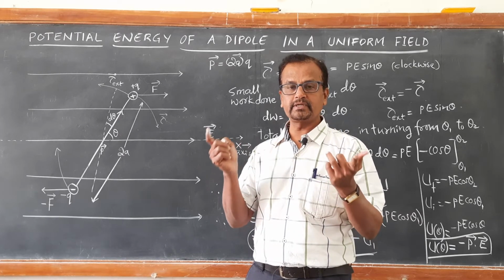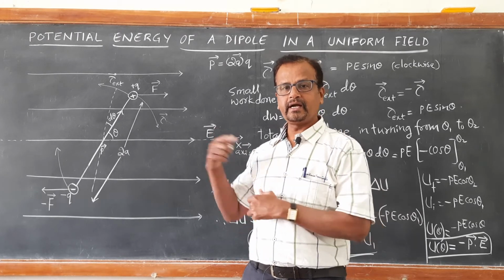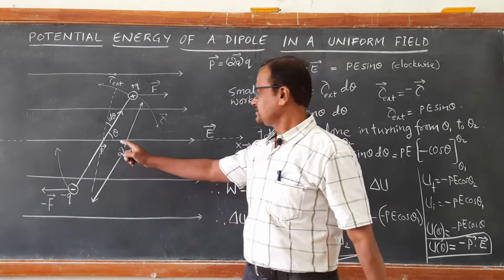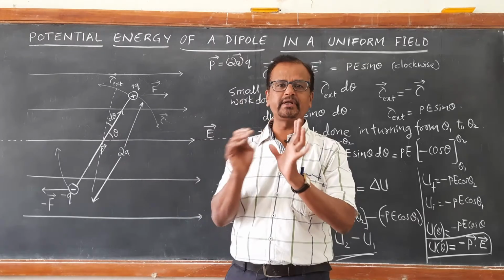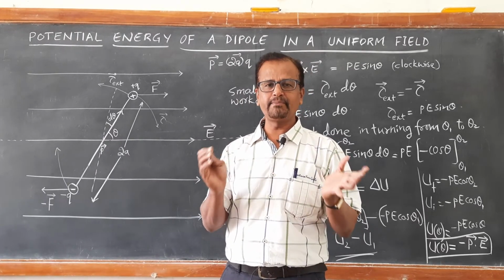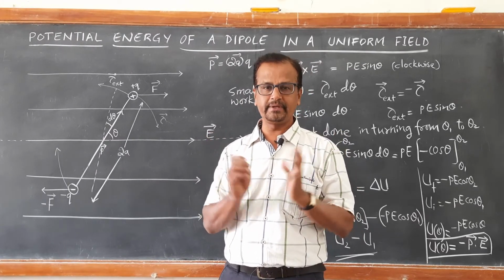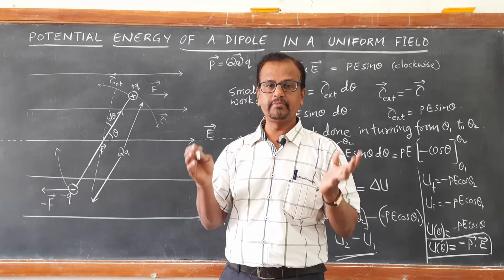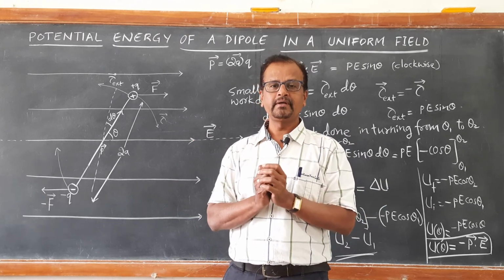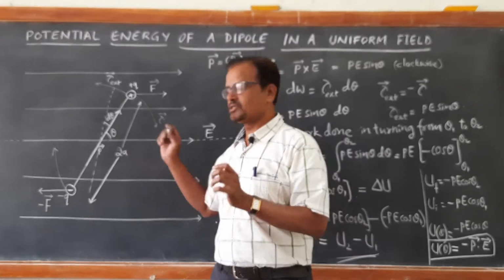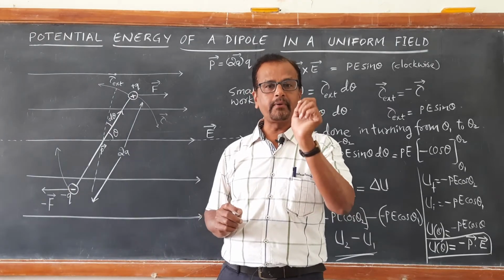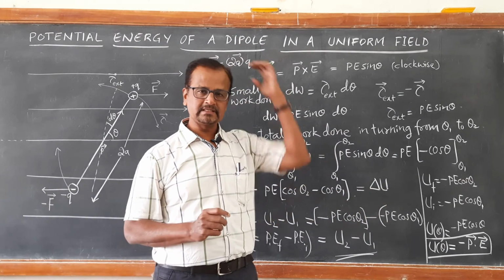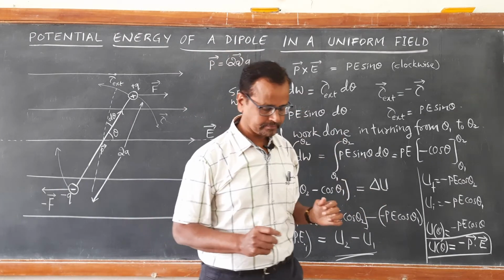It becomes minimum, and when it possesses minimum potential energy, the dipole is in stable equilibrium. It will not rotate further. The dipole will be in stable equilibrium, and it will possess negative potential energy, that is minus Pe, right. Let us discuss these cases in detail.